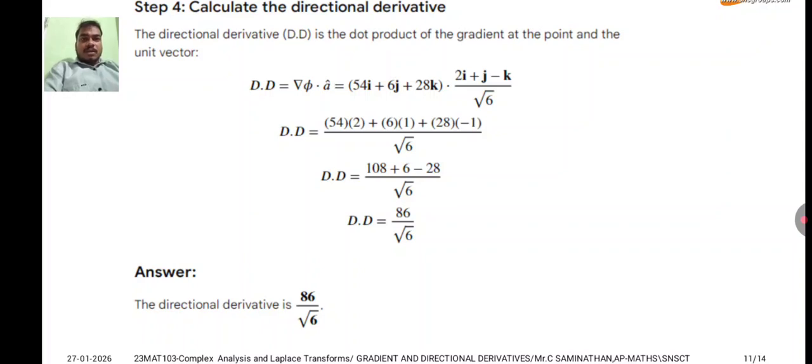The dot product of the same vectors is 1: i dot i equals 1, j dot j equals 1, k dot k equals 1. So by multiplying the coefficients of i, j and k and adding, we get the directional derivative as 86 by root 6. So the directional derivative 86 by root 6 is the answer.